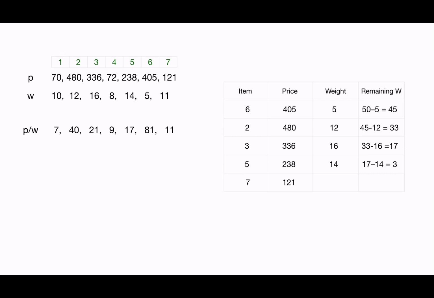But its weight is 11 and we can only fit item of 3 units into the knapsack. So we have to go for a fraction this time. So let's get only 3 units of this item 7. This is the fraction we need. Now the weight is 3 units, which gives us 33. And now the remaining weight is 0. So this is how we can solve fractional knapsack problem.